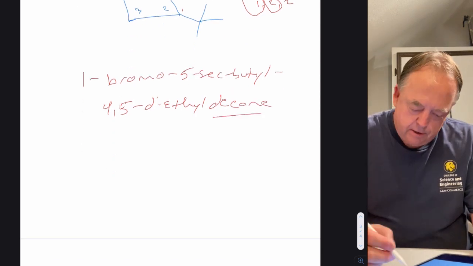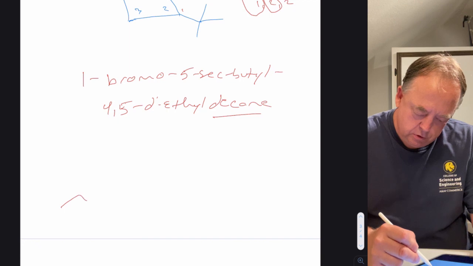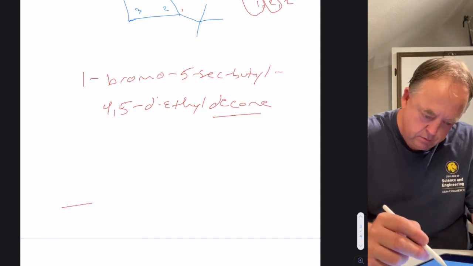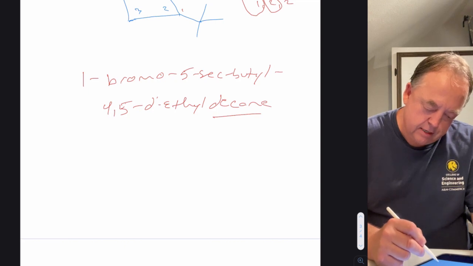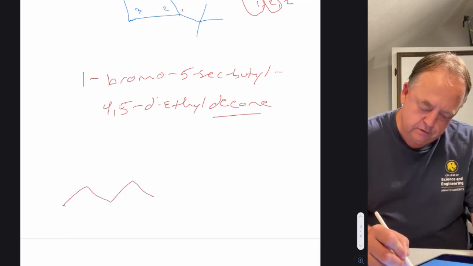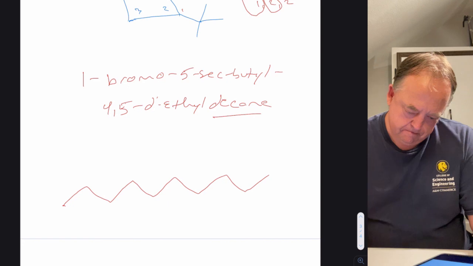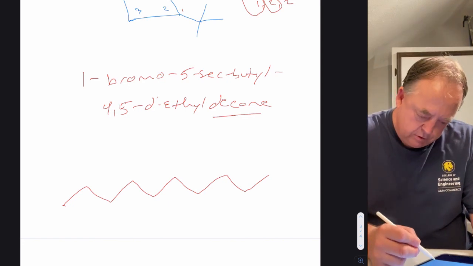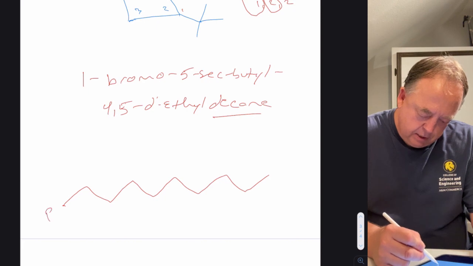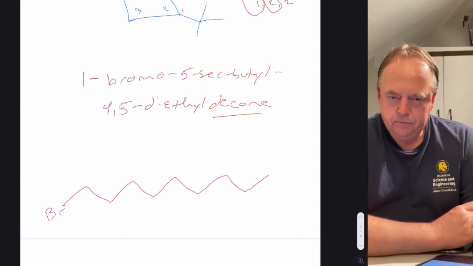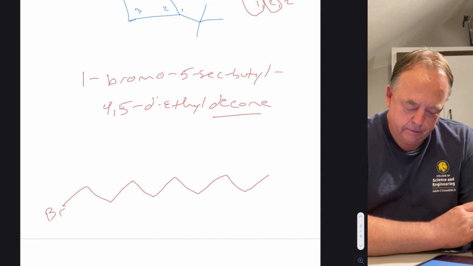Okay, so start with the parent, decane, 10 carbons. Put your pencil down as 1, 2, 3, 4, 5, 6, 7, 8, 9, 10. And so a mistake that students make all the time is, okay, they know that bromine needs to be on carbon number 1, for example, so put the bromine there.